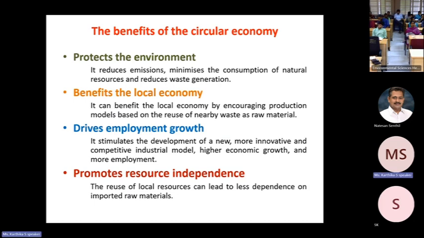We know that in a particular place, the particular society, the people, they know how to handle it, how to keep it as such for a long time, how much we have to take. For example, the tribal people who are living far away in the forest area are real conservators of biodiversity, because they take the resources from the forest only for their own consumption, not for selling, not for economy, not for money.